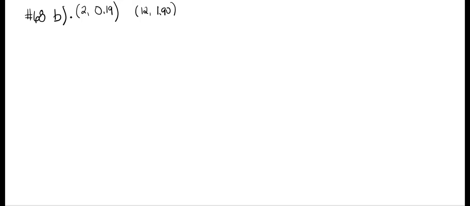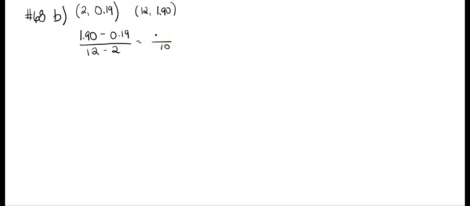First I would take my y2 minus y1, or my y1 minus y2. It doesn't matter, but because my y2 is bigger, I'm going to say 1.9 minus 0.19, and then I'm going to put it over 12 minus 2. Obviously my denominator is 10.